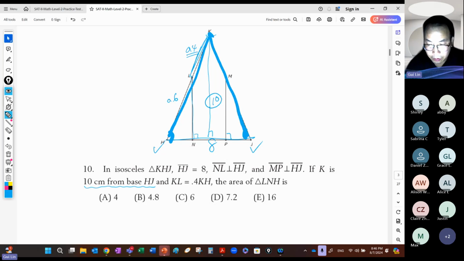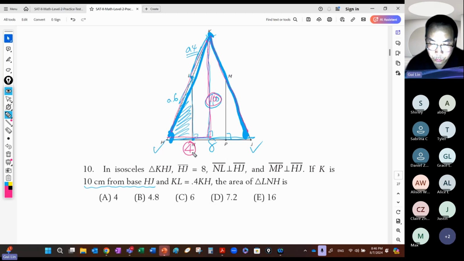So the area of this part, that's a bit easy, right? Here is 10, here is 8. Let me use the red one. So here is 10. So this side and this side are the same. After the perpendicular, it means this side is 4, right?